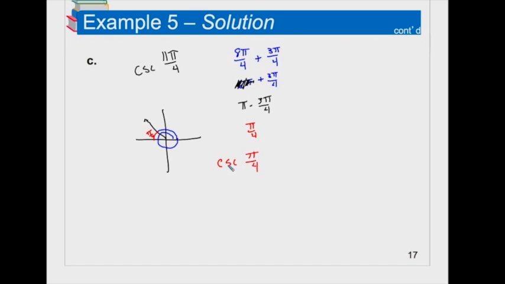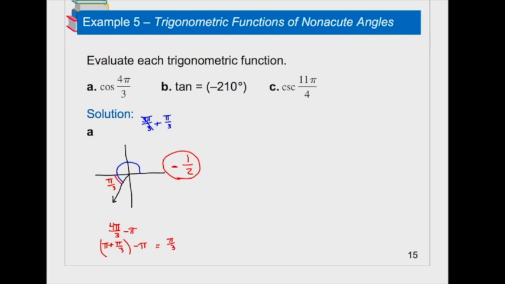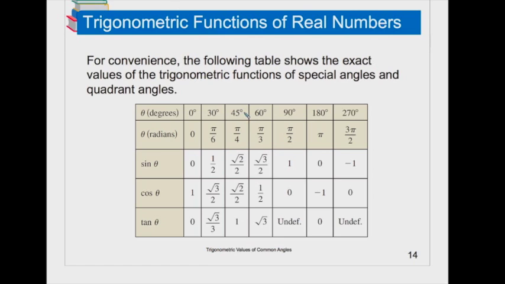This is the part where it usually gets easy, but now I have a cosecant here, which I don't feel too comfortable evaluating. So all we need to remember here is that cosecant relates to the sine. If I can figure out what the sine of pi over 4 is, I can just take the reciprocal and that'll be my cosecant. So what is the sine of pi over 4? Well, that should be on my handy-dandy chart.